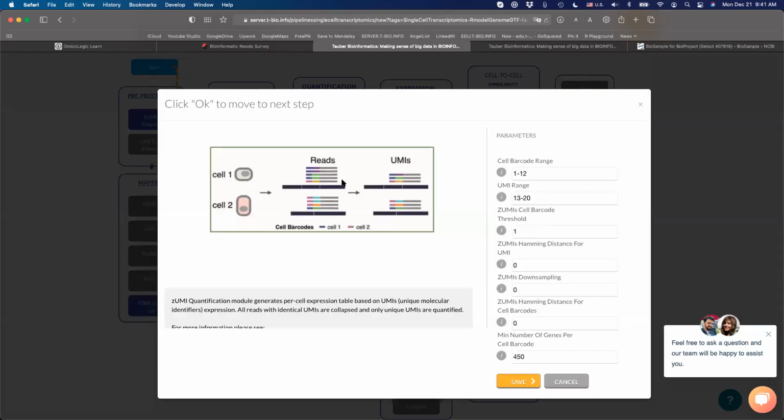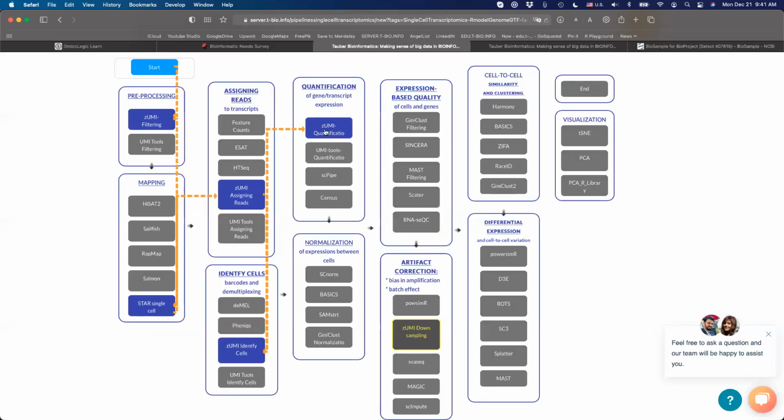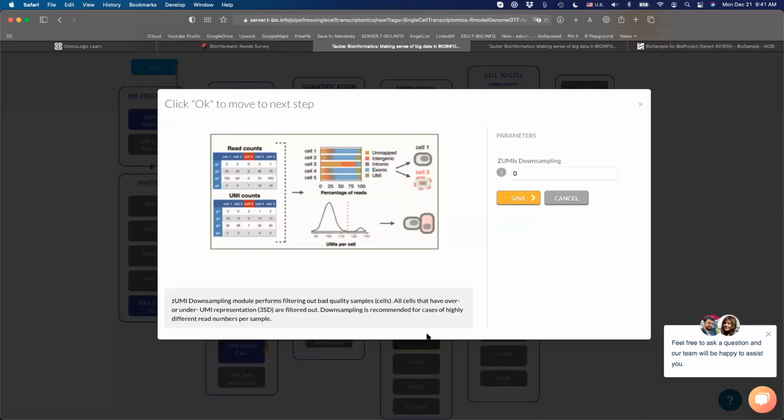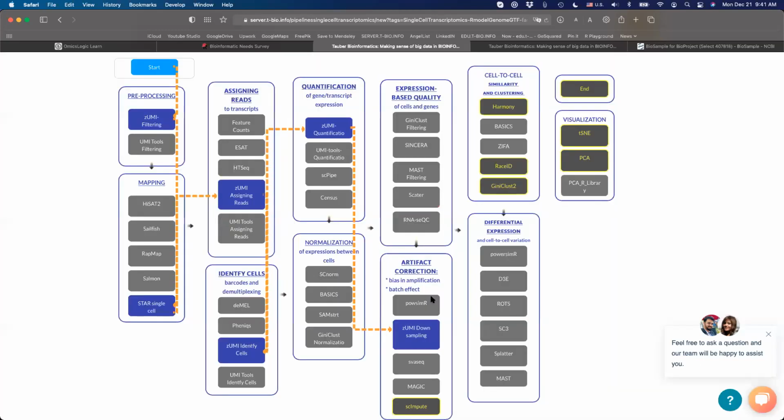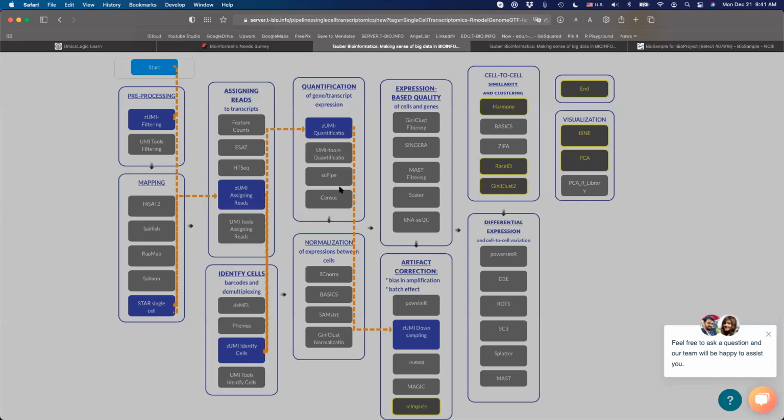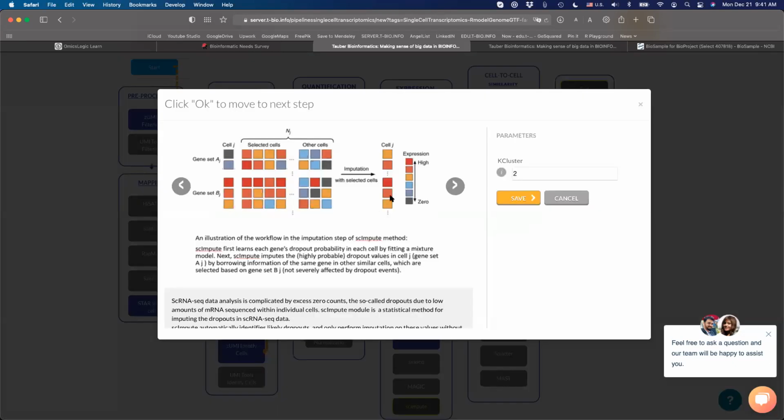This is essentially, instead of looking at coverage, we are using these UMIs to count how many reads fall onto a gene, assuming that that will represent the gene. We know that there are artifacts. Remember that there could be broken cells, and we can computationally understand that from looking at how many UMIs are present in a given cell.